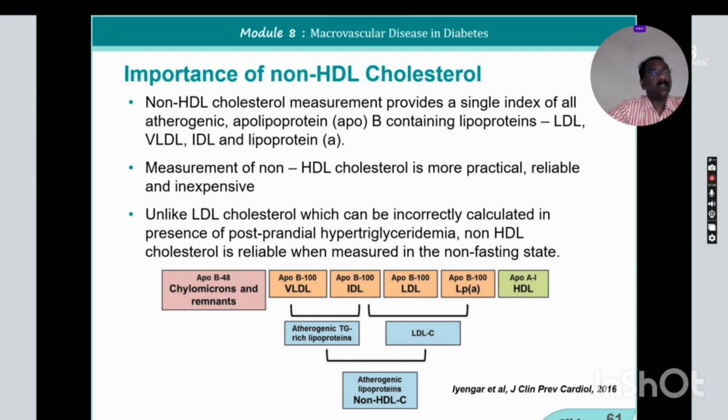Dyslipidemia, yes. Familial hypercholesterolemia is also a risk factor for atherosclerosis. But in familial hypercholesterolemia, the people's cholesterol will be very, very high. Total cholesterol will be 300, 400, and we have to treat them very aggressively, even with PCSK9 inhibitors.